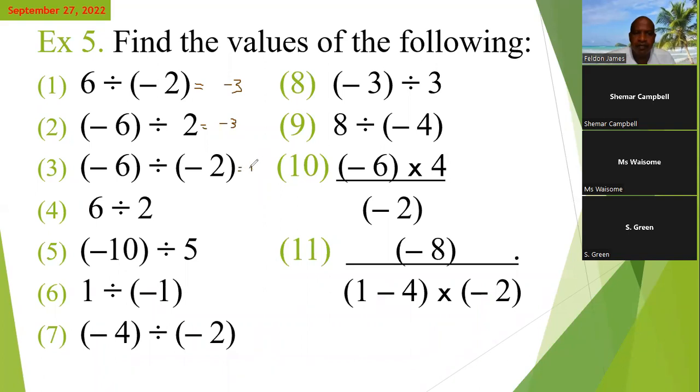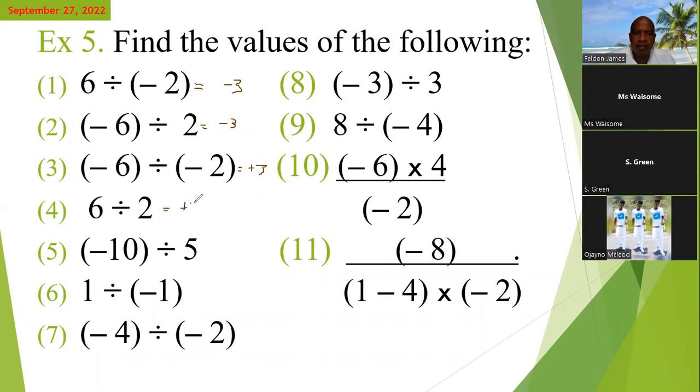Positive 3. Question 4. Positive 3. Question 5. Negative 2.